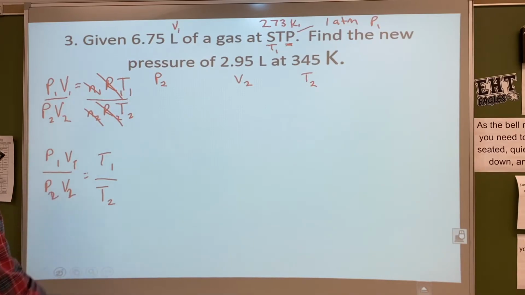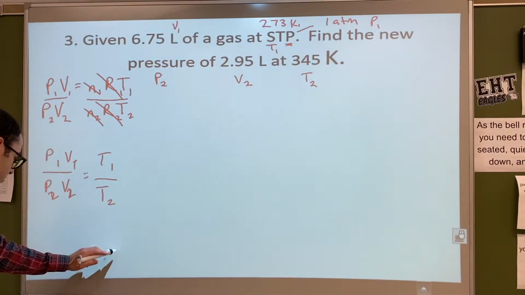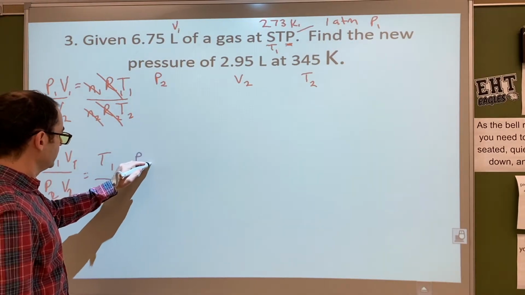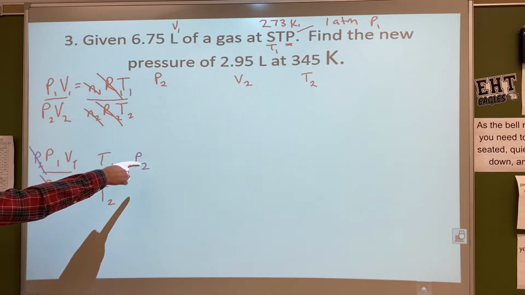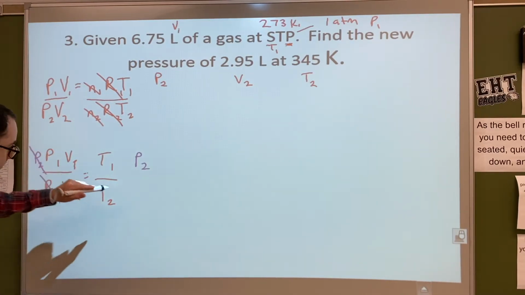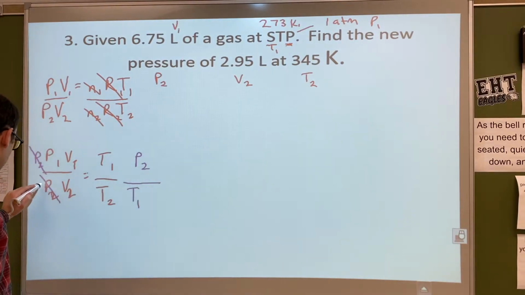All right, so I'm gonna rearrange this before we plug in the numbers. So I have less to write later on. So P2, we wanna get that by itself. So I'm gonna put P2 on the top, P2 on the top. They're gonna cancel out now. P2's on the right side. And then I want to get these on this side. So to bring them over, you have to flip them. So T1 is going to go on the bottom so that they cancel out.